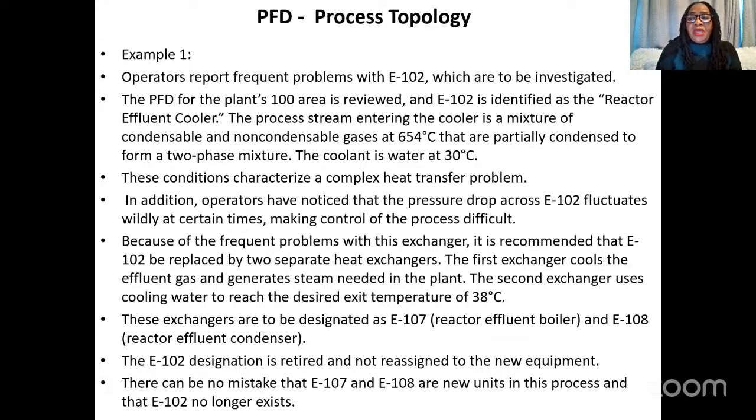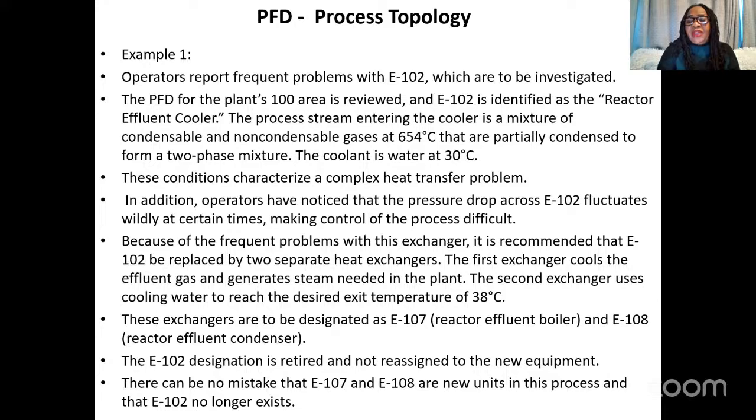Because of this major change, equipment letter E represents heat exchanger. So in place of E102, we now have E107 and E108, those two heat exchangers.